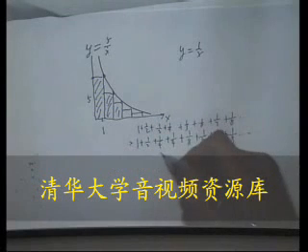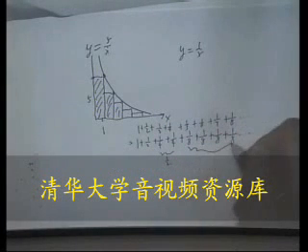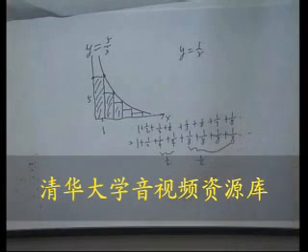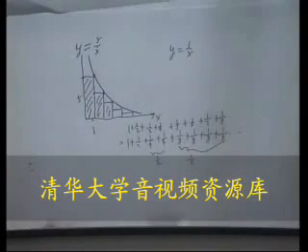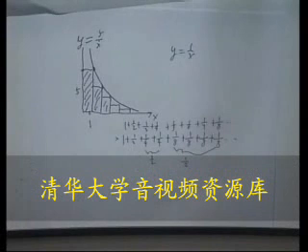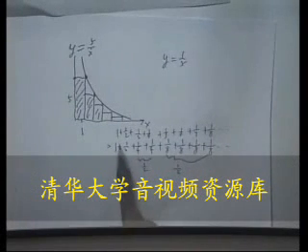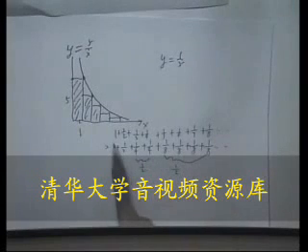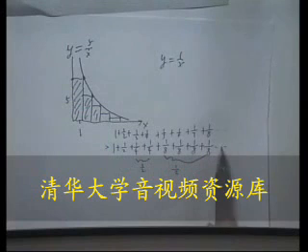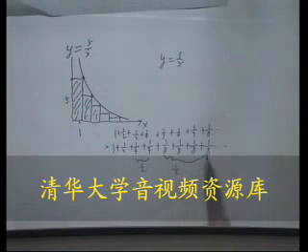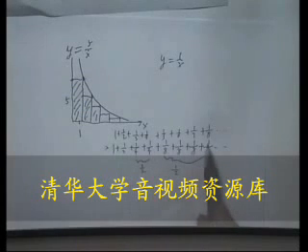Li Zhen says this is the series 1 plus 1/2 plus 1/3 plus 1/4 plus 1/5 and so on and so forth. Now he wrote another series which term by term is smaller than this one.